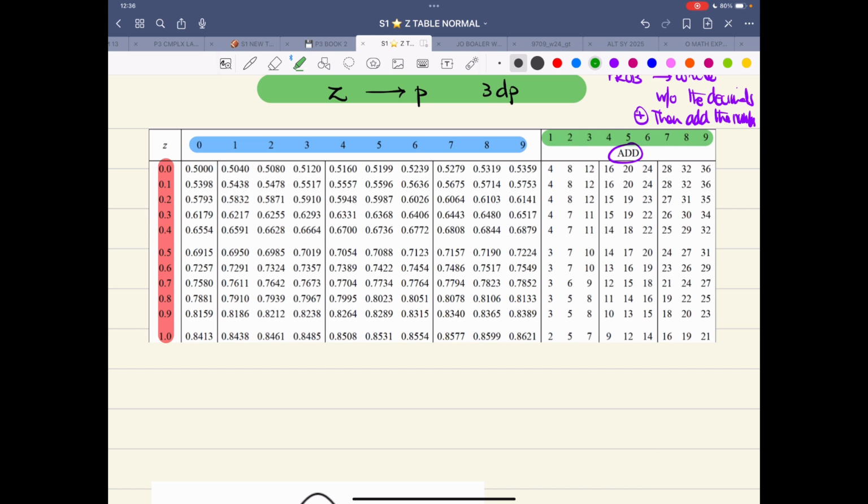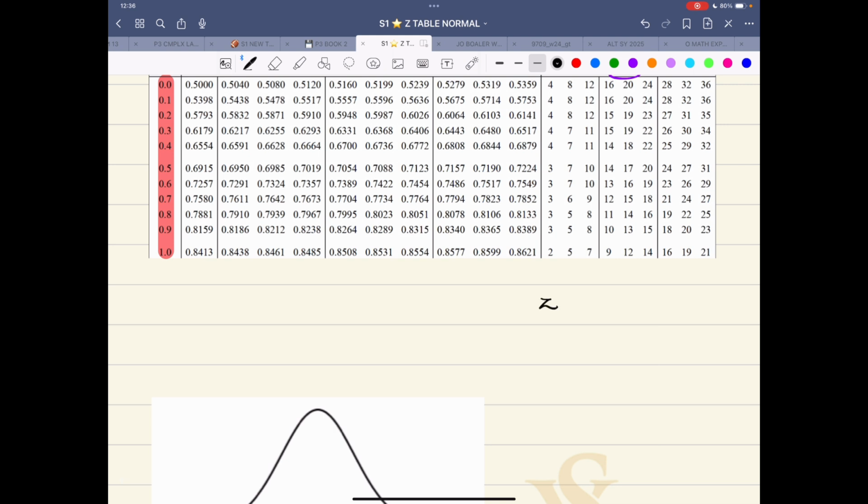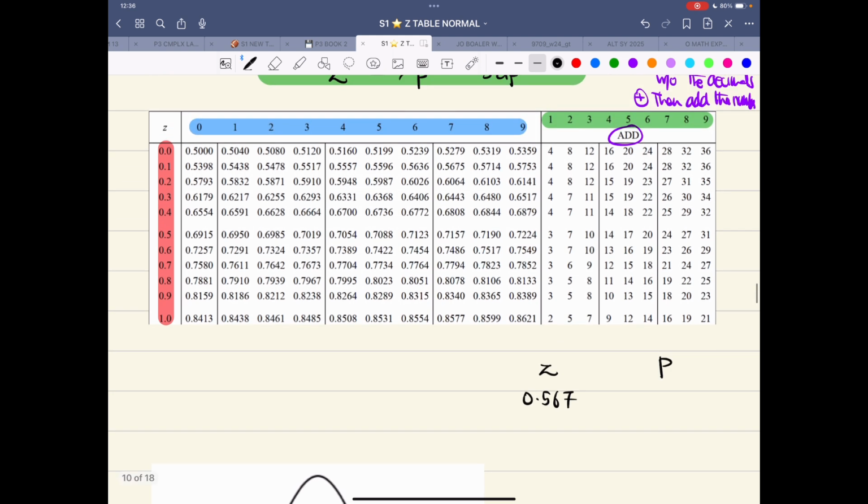Now let me choose 0.567. So now I'm choosing a Z value, 0.567, and I'm interested in the P value. So first of all, let's go 0.5. So this is 0.5 right over here. That is the line going like this.